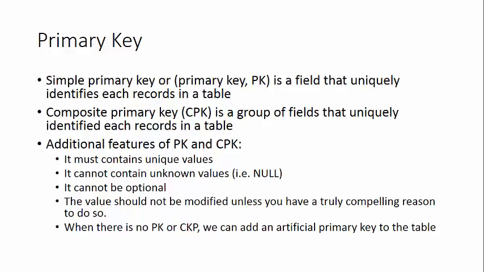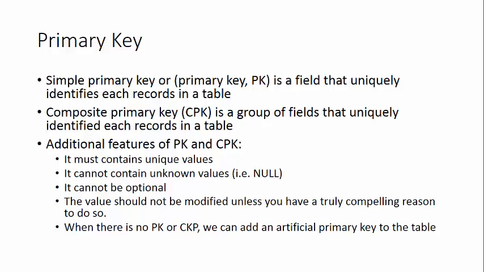So null, which means not known, is not permitted for a primary key, and it cannot be optional. So a primary key must not be optional. And the value should not be modified unless you have a truly compelling reason to do so.